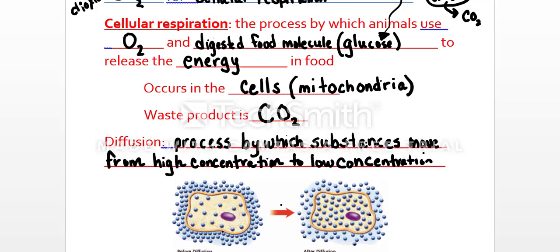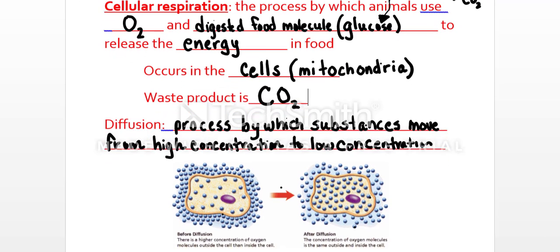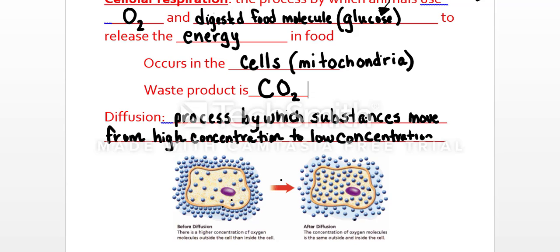So the diagram below is just showing you this. The yellow blobby thing in the middle is representing a cell. There's the nucleus, and the blue dots are representing oxygen molecules. So there's already some in your cell, but there's a lot more outside of your cell. There's a higher concentration outside.